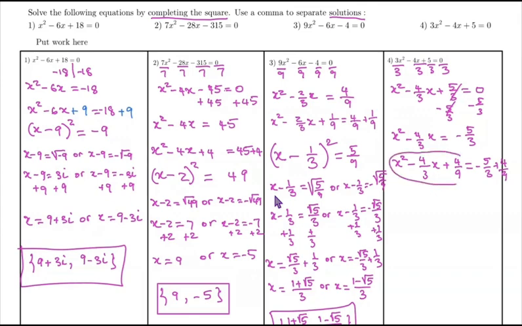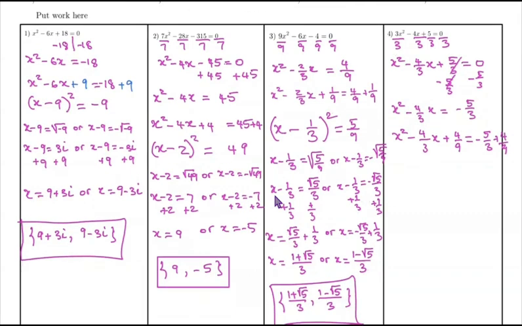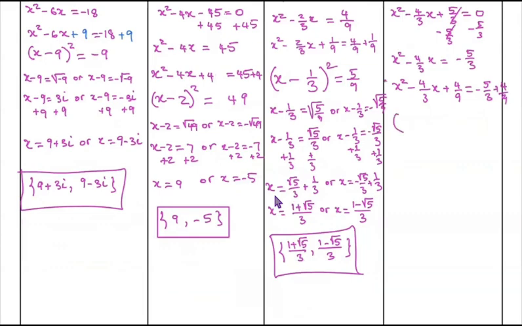This becomes a perfect square trinomial that you can write as x, this sign minus, then the square root of 4/9, that is 2/3, squared, equals... common denominator is 9. So we would multiply this top and bottom by 3 to get the 9 in the denominator.